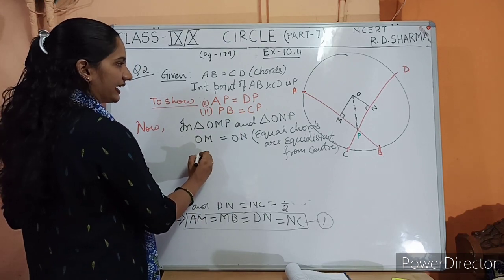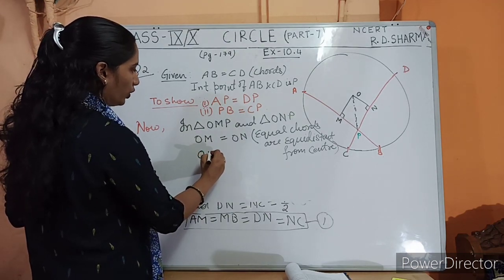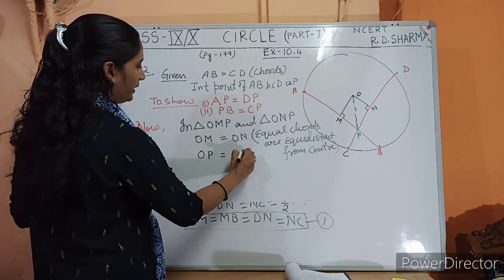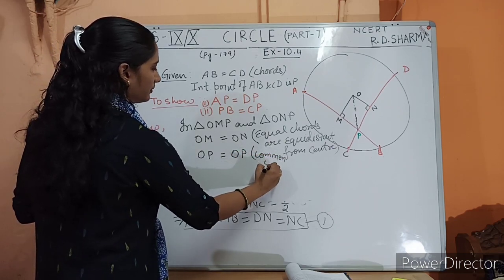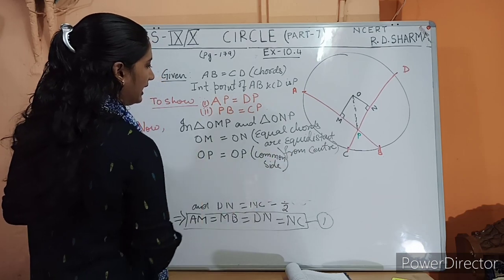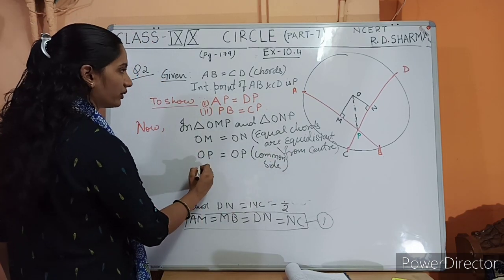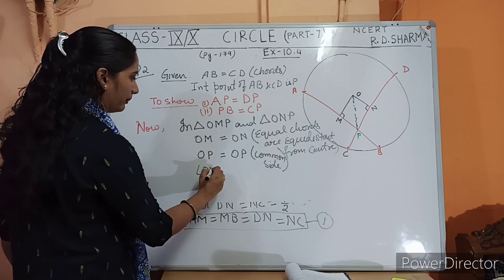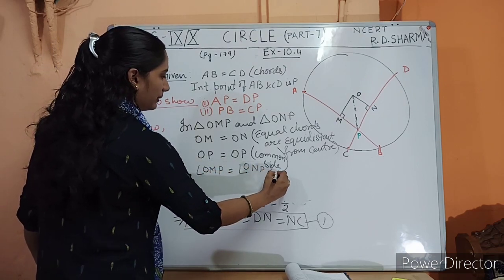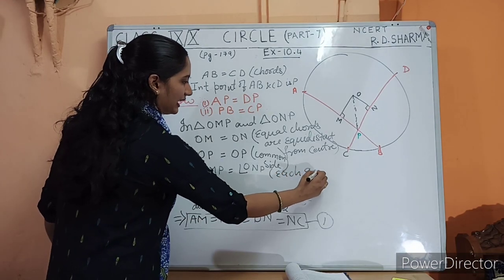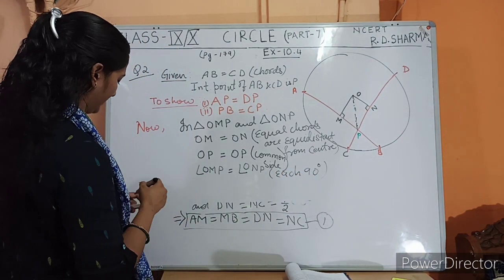Okay. Now the second thing which we will take here is OP is equal to OP. This is the common side, right? And the third thing is angle OMP is equal to angle ONP, because both the angles are 90 degrees each. Okay.